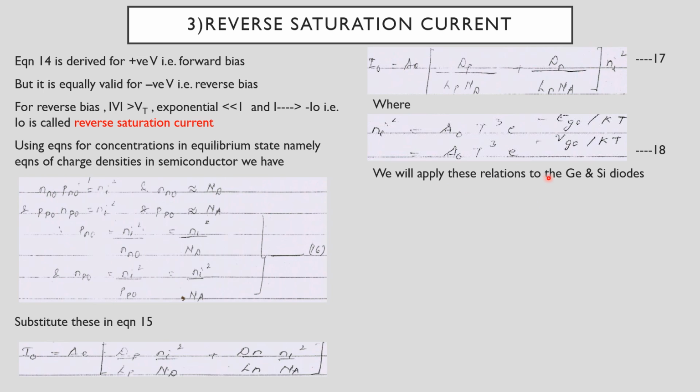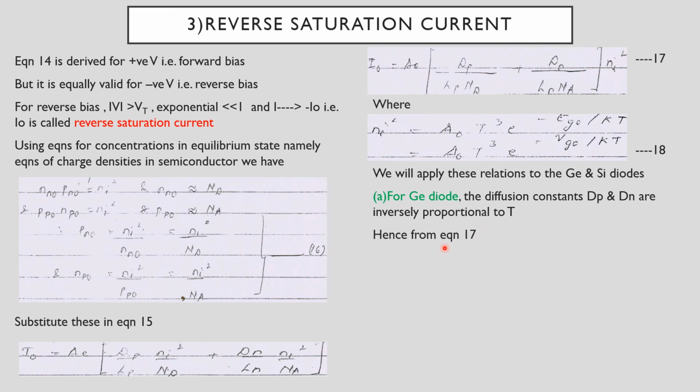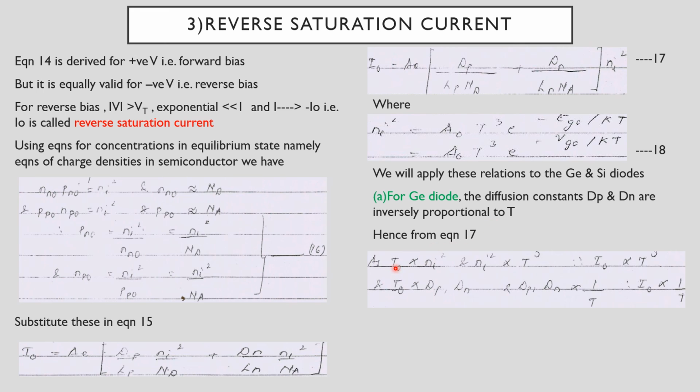We will apply these relations to the germanium and the silicon diodes. First, for the germanium diode, the diffusion constants Dp and Dn are inversely proportional to temperature. So from equation 17, as I0 is proportional to Ni square and Ni square is proportional to T cube, therefore I0 will be proportional to T cube.